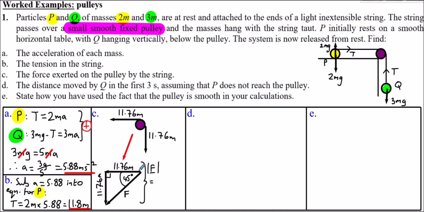So based off this, the size of the force is going to be 11.76 m squared plus another 11.76 m squared.